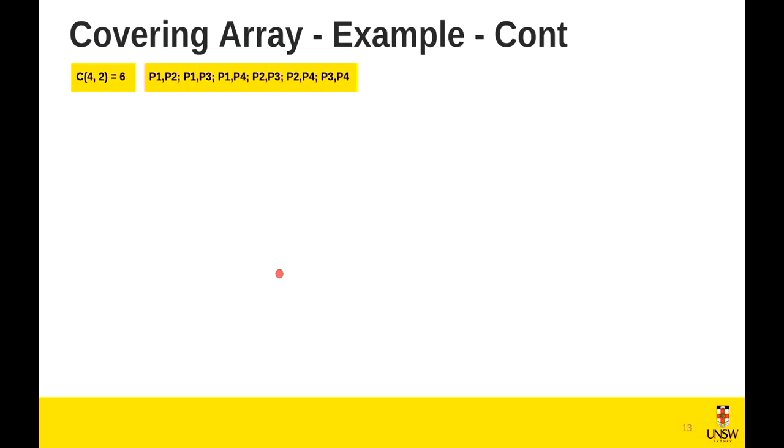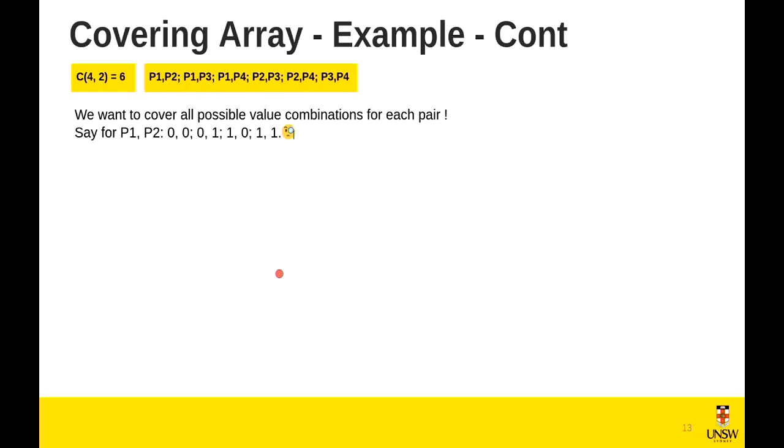So these are the pairs we can have, and we want to cover all the possible values for each pair of inputs. If we do it exhaustively, we need 2 to the power of 4 test cases. And assume each parameter has 3 values.